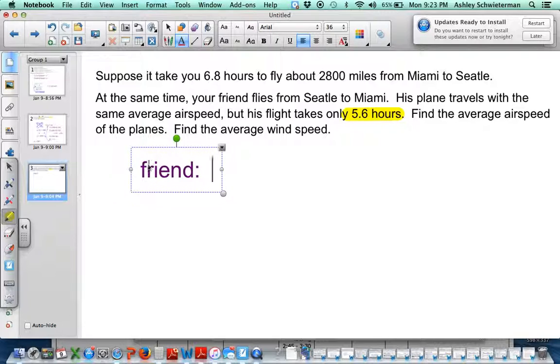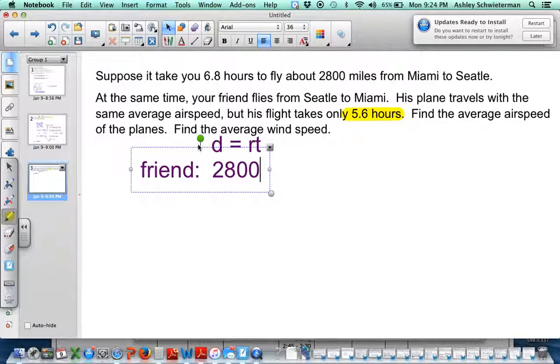And just like yesterday, distance equals rate times time. So I have my friend, and the distance is 2,800, and my rate is going to be the plane speed, which they call airspeed, so A, and we have to take away the wind speed because the wind speed's coming at it and it's hindering us.